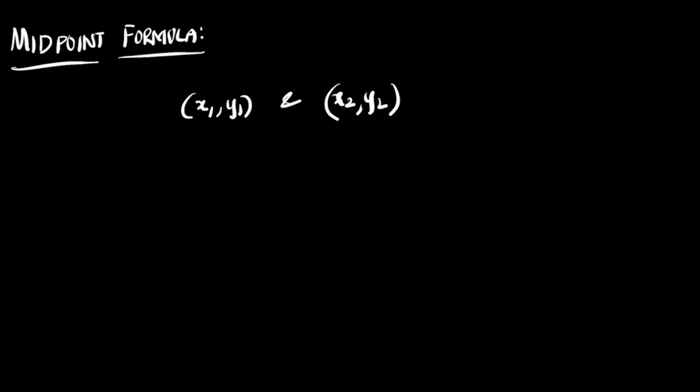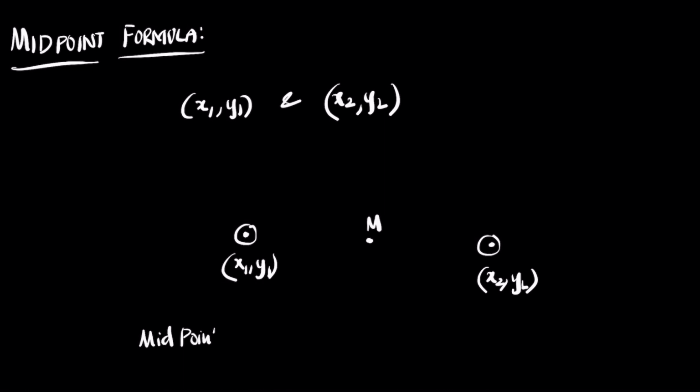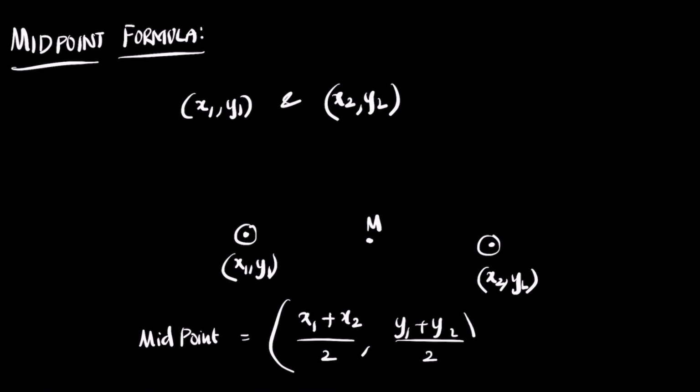The midpoint between the 2 points, for example, let's say this is x1 comma y1 and let's say this is another point x2 comma y2, and you want to find this point, the midpoint. So this midpoint is given by the formula x1 plus x2 by 2 comma y1 plus y2 by 2.